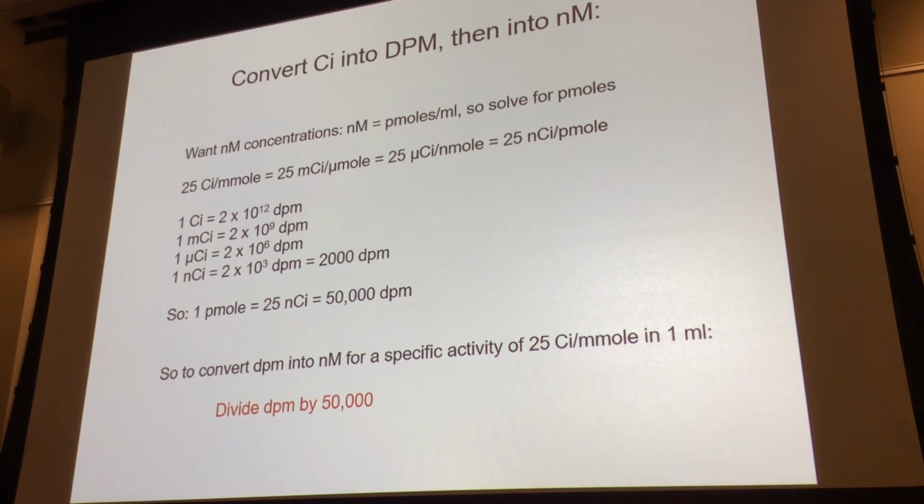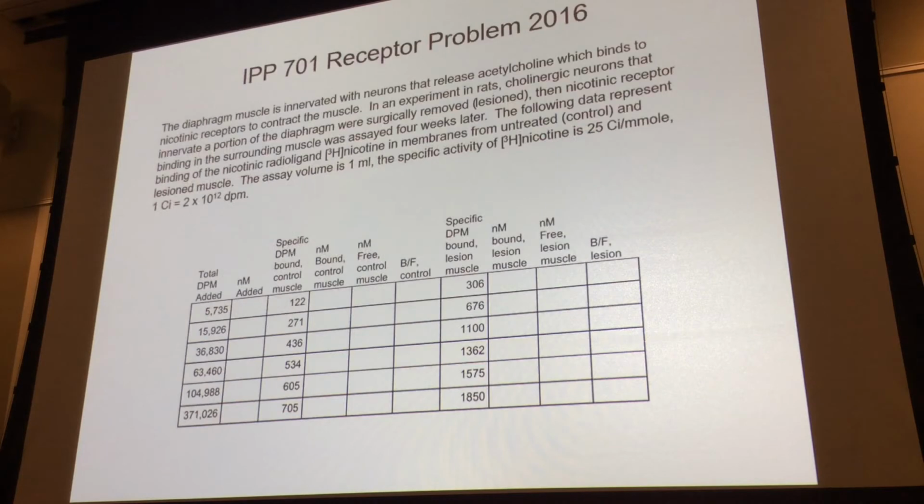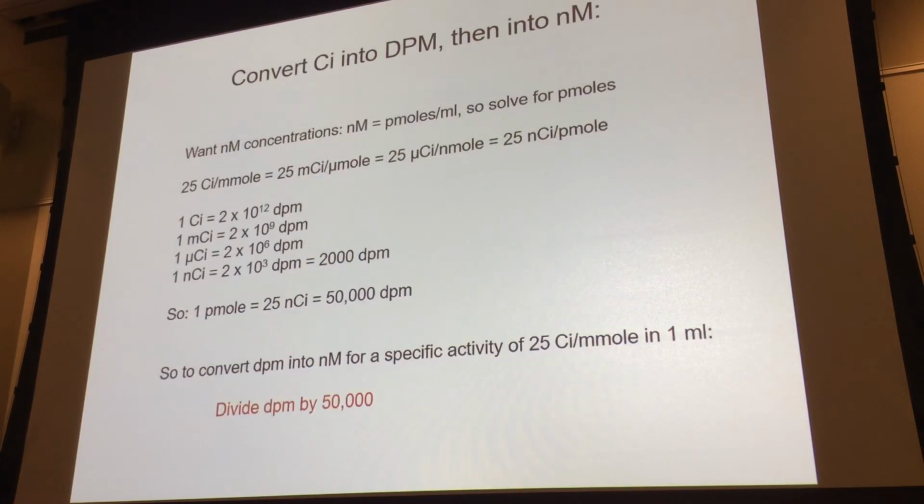This is not difficult to do, but if you've never done it before, then it can be confusing. So the goal of this, on the table, I provided you with the units that you need, nanomolar, and I told you that the assay volume is 1 mil. So nanomolar is nanomoles per liter, or picomoles per mil. So we're really trying to solve for picomoles. That's what we're trying to get to.